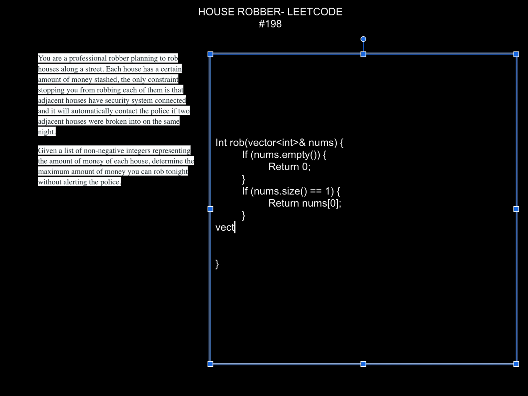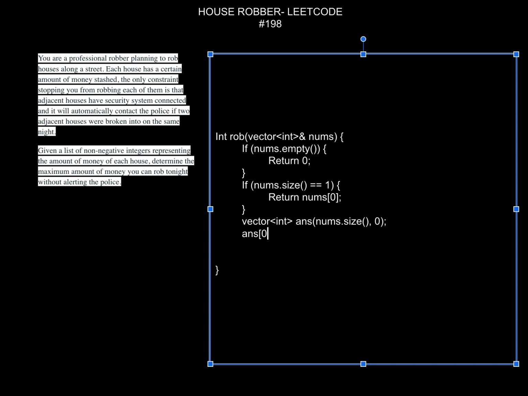And if we have a list greater than 1, we would reach here, and we could create our answer vector from which we would do our bottom-up approach of dynamic programming in. So nums the size, and all initialized to 0.